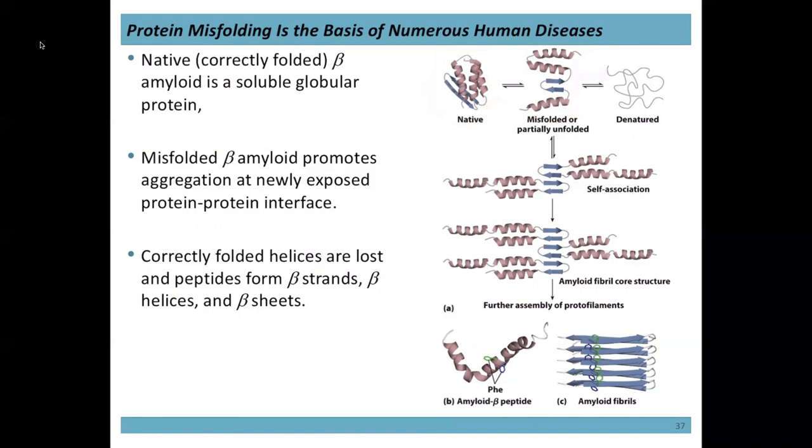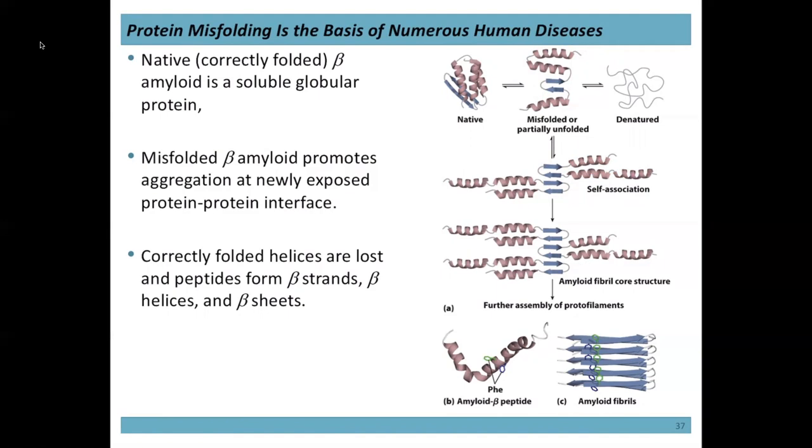And then this one here can undergo some further conformational changes. You can see it's exposing these beta sheets there. These beta sheets can then associate with other beta sheets, and those can associate with other beta sheets, and you start to form fibers. These fibers are referred to as amyloids.